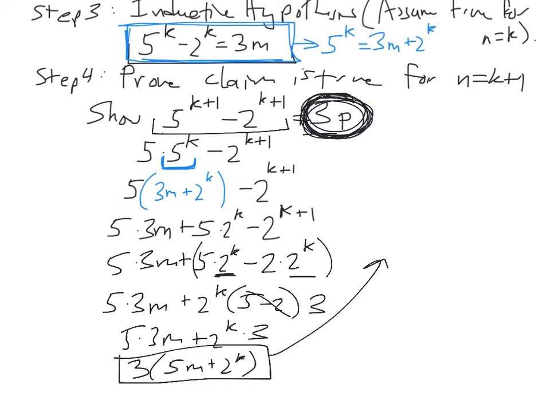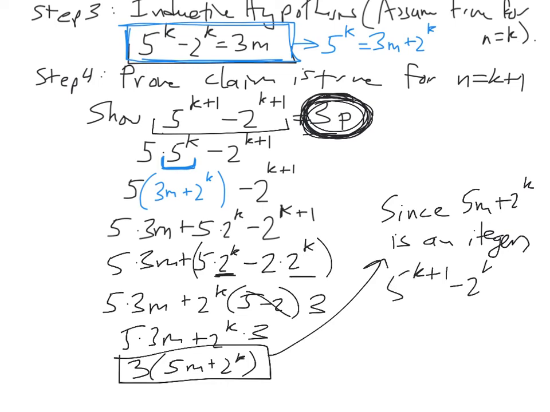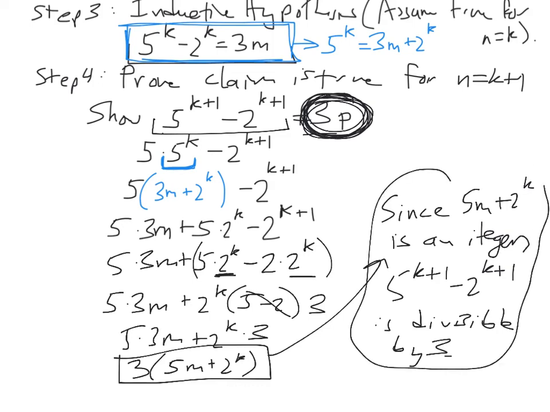And so here I could even write something like, since 5m plus 2 to the k is an integer, 5 to the k plus 1 minus 2 to the k plus 1 is divisible by 3.